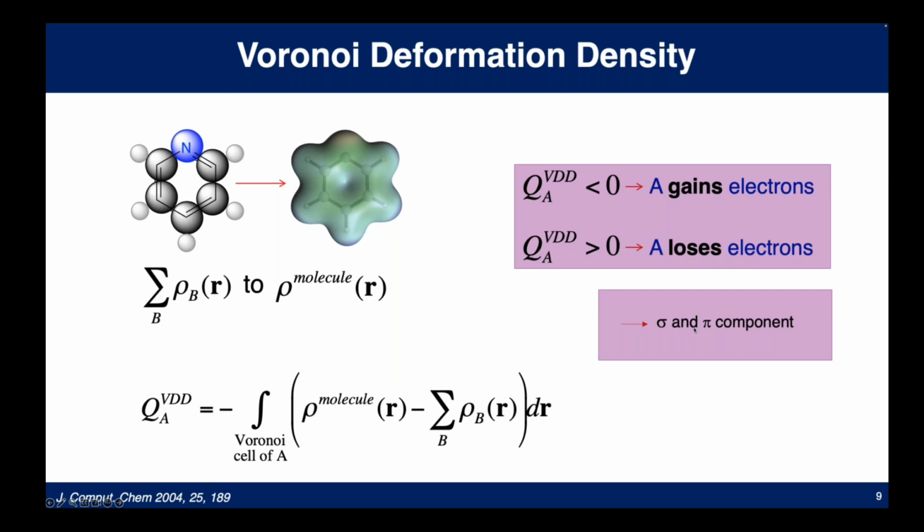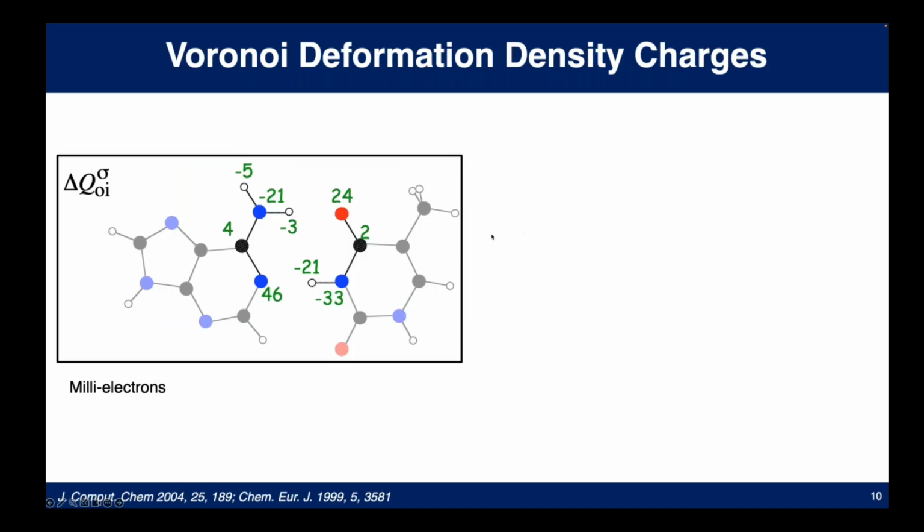When we do that, by analyzing the Voronoi deformation density changes, we can see that the oxygen atom loses density. So there is indeed a lone pair donating charge towards the anti-bonding orbital on the other fragment. And here we have the NH2 group gaining electronic density in the sigma system.